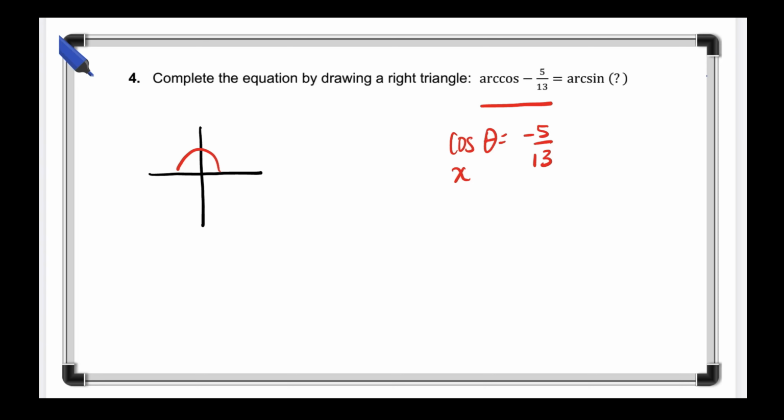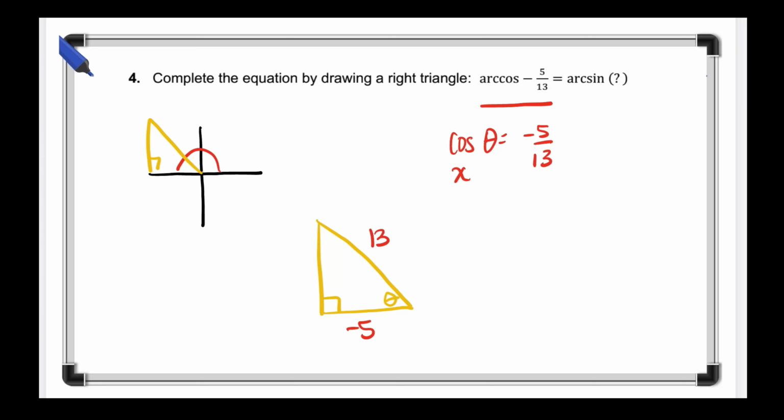So then what I would do is I would say, okay, I'm going to draw my triangle here. So here's what my triangle looks like. Here's my theta. Okay, it's going to be in quadrant number 2. So I know that my cosine of theta is going to be -5 over 13, which would make sense because on the bottom, which is on that negative x-axis, that's going to be the -5.